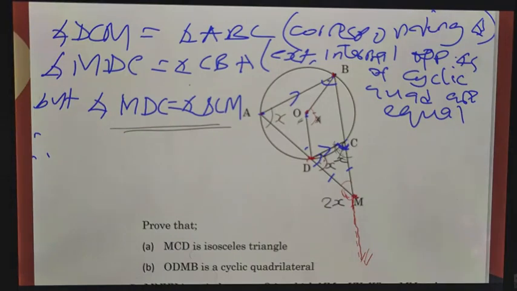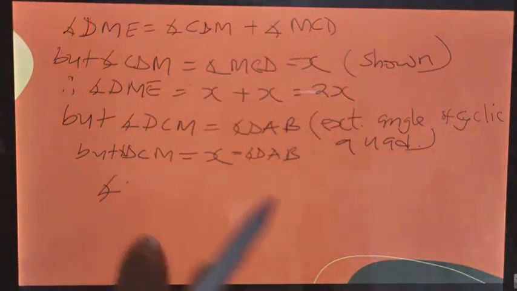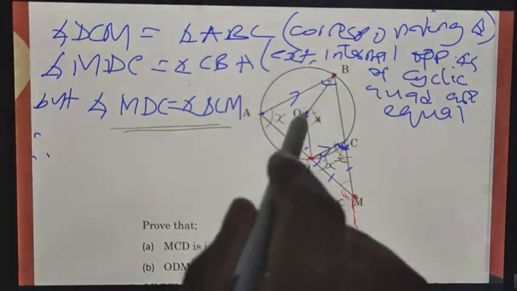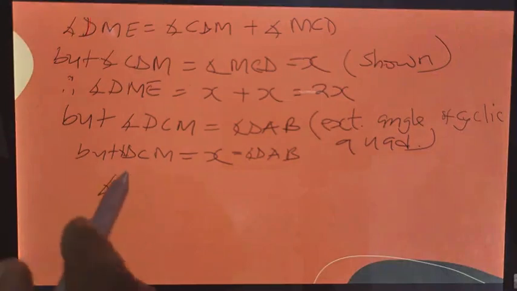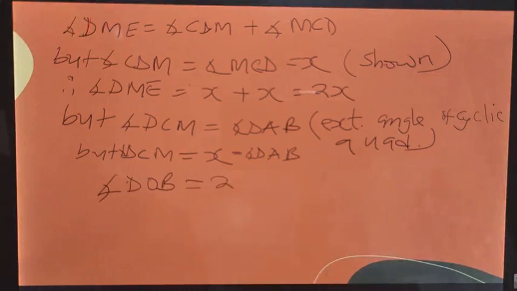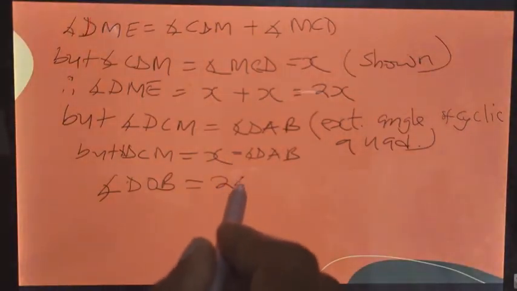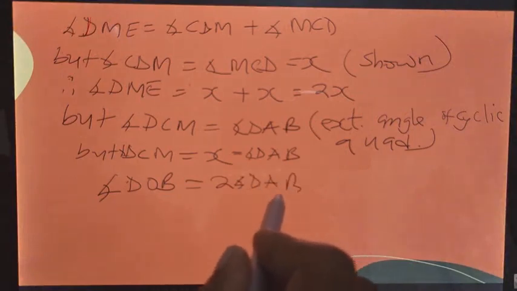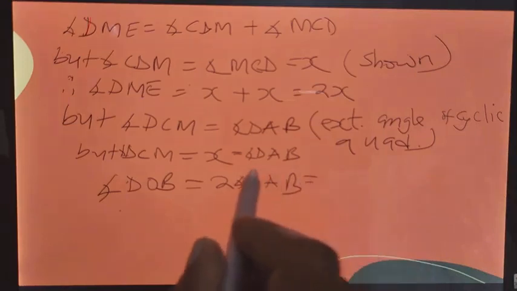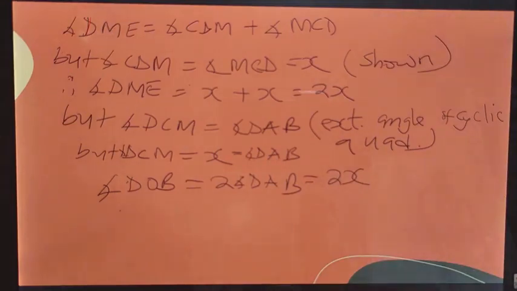In this case we can say angle DOB is equal to twice angle DAB, which is the same as twice X, so 2X.